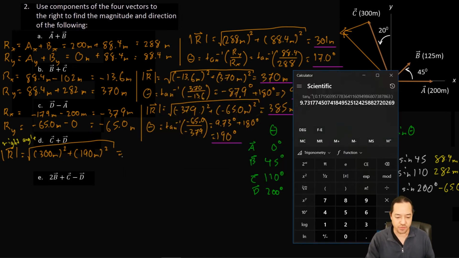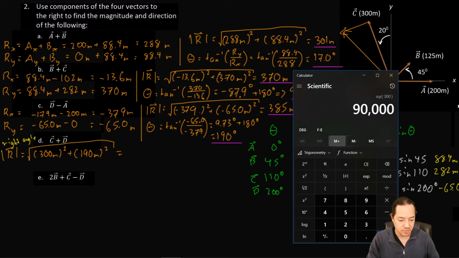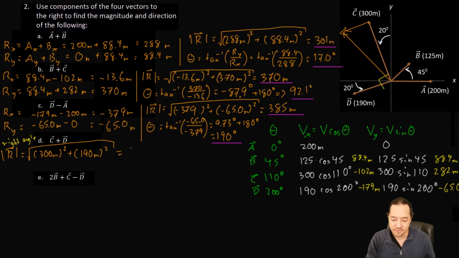Let's do that. 300 squared, put that in memory. 190 squared. Add that together, and that's our total there. We take the square root, and that's going to be 355 meters for the total magnitude of the resultant.